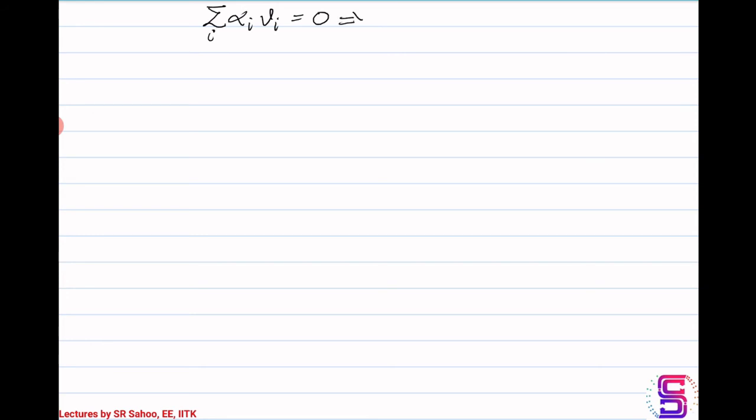and it so happens that alpha i is 0 for all i, and the non-zero vi's that you have taken in the set. If this happens, then what does it mean?